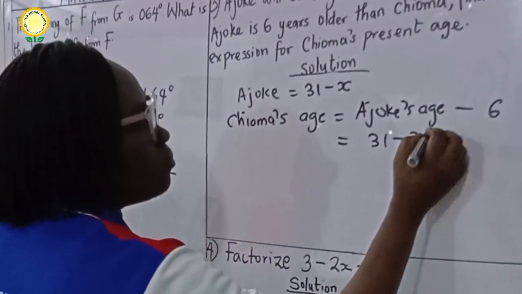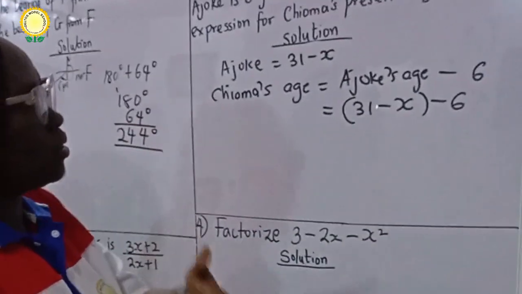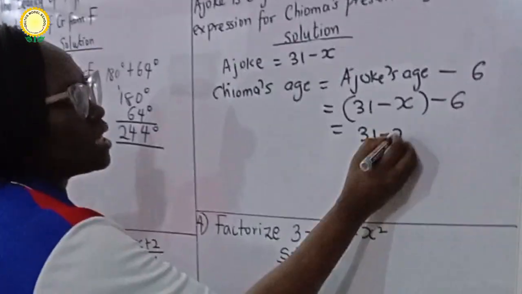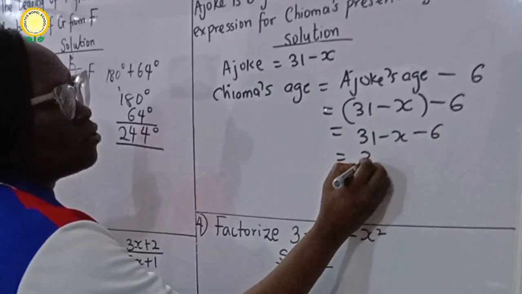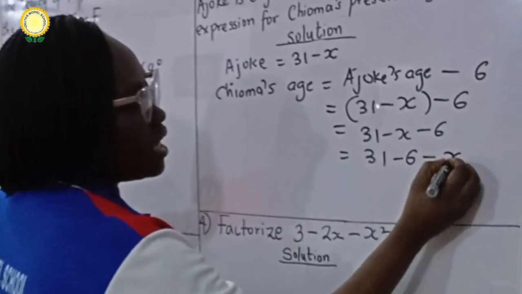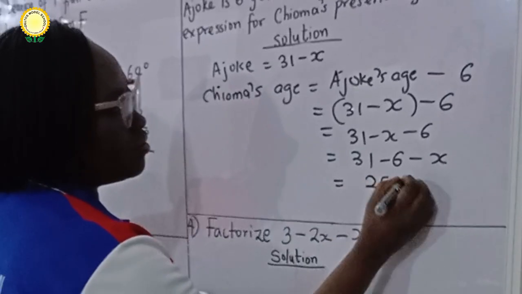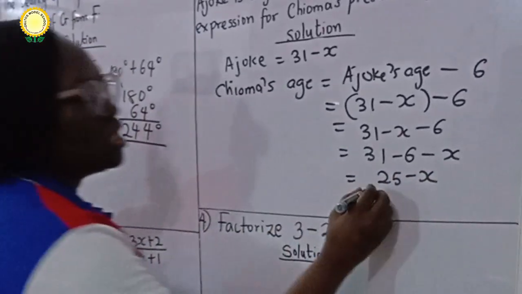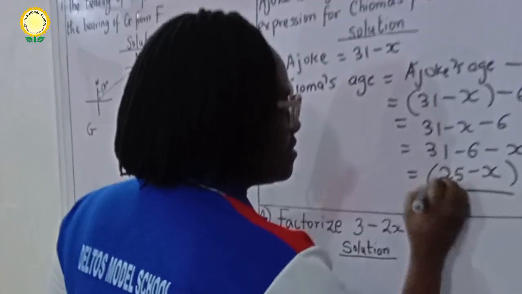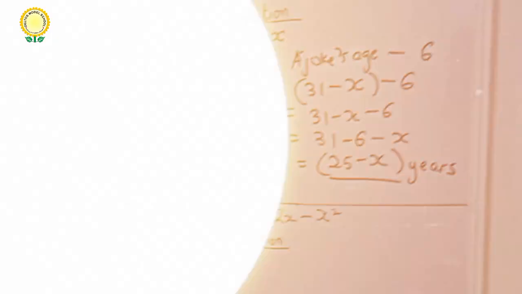Then you take away 6 because Ajoke is older than Chioma. So we have 31 minus x minus 6. We collect like terms, 31 minus 6 minus x. 31 minus 6 is what? 25 minus x. So Chioma's age is 25 minus x years. Remember your units.